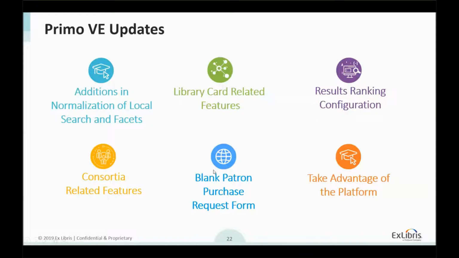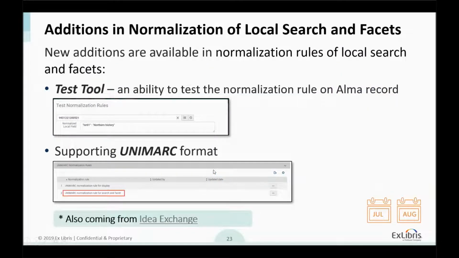So let's start. We actually released in June the normalization rule for search and facet, which gives the ability to create a local field from all the bibliographic records, for all bibliographic fields, which can be used for search and facet.